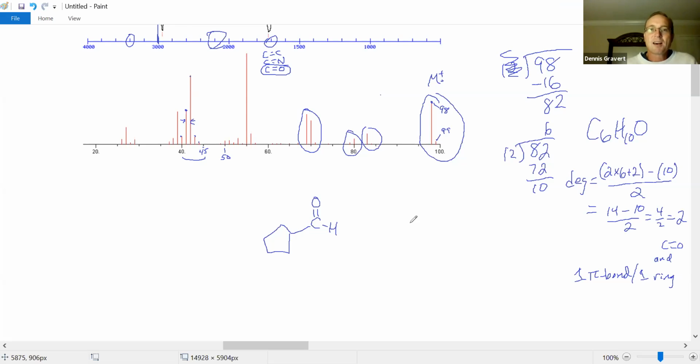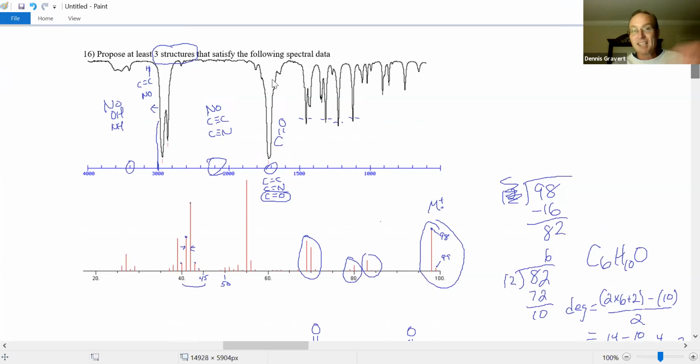Good. How about we get a ring of 6 and put the double bond O there? That works. And we get another ring, put the double bond O here. And now it's okay to duplicate your functional groups. I got 2 ketones. That is okay because the directions don't say anything about repeating functional groups.